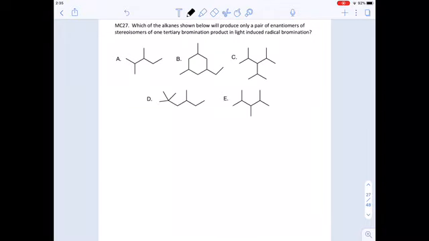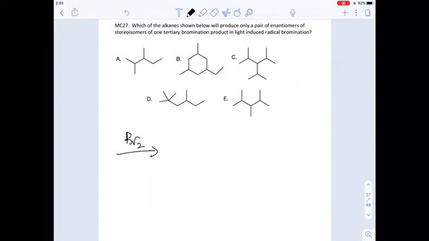So multiple choice 27 asks, which of the alkanes shown below will produce only a pair of enantiomers or stereoisomers of one tertiary bromination product in light-induced radical bromination? Okay, so that's kind of a lot to start with. Light-induced radical bromination is the same thing as saying bromination of an alkane in the presence of light.